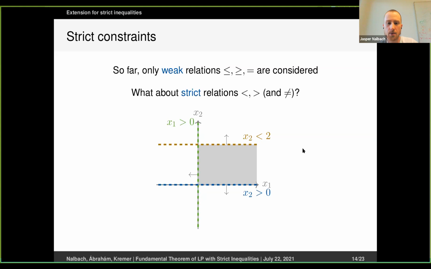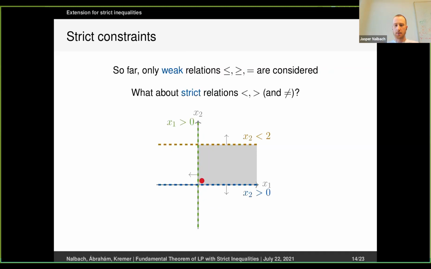But how does that work for strict relations, where the boundaries of the solution set are actually excluded from the solution set? What we now want to do in the following is find a notion for the solutions that lie in the solution set but are arbitrarily close to a vertex of the relaxed version of the system.